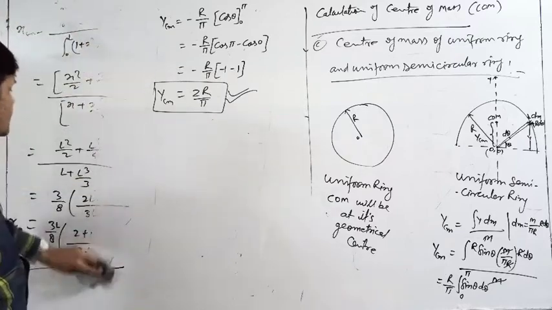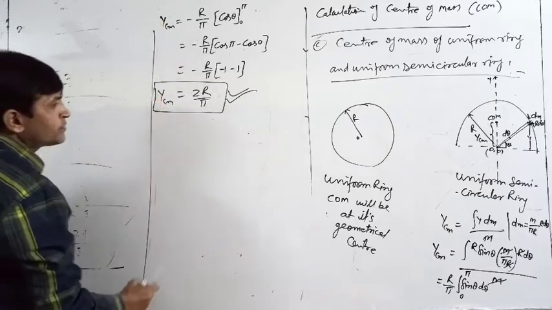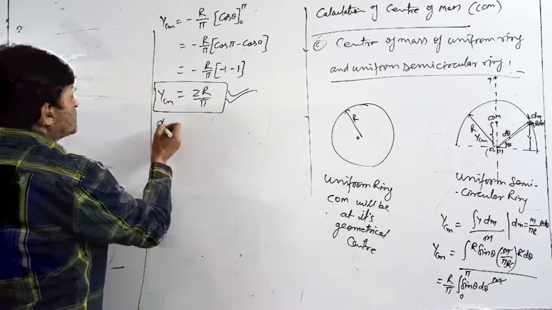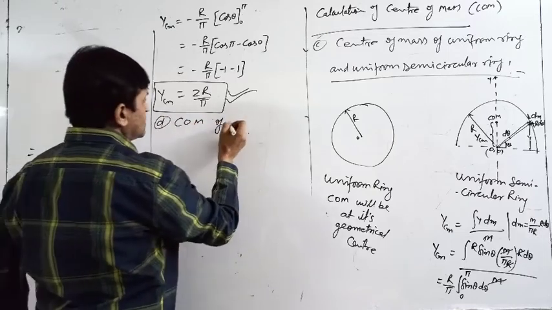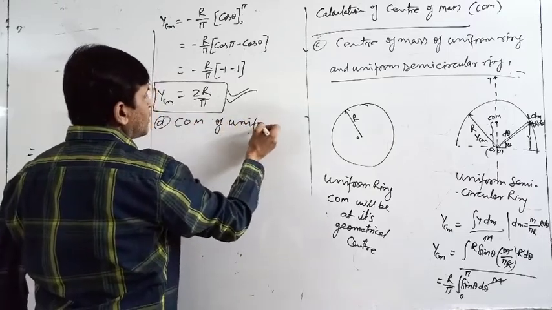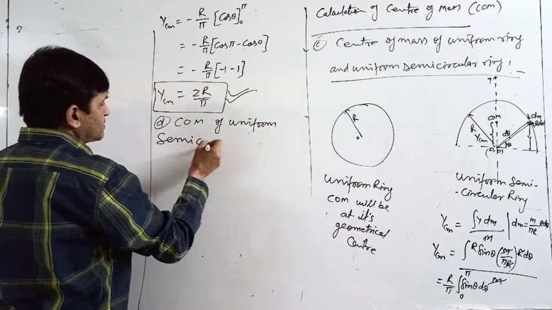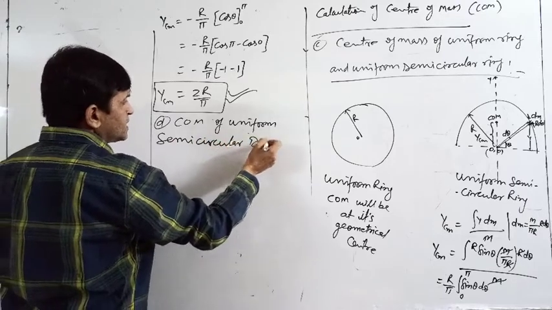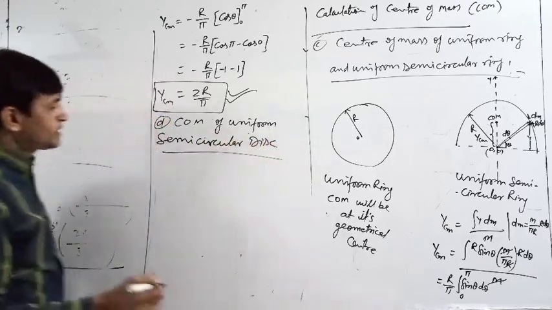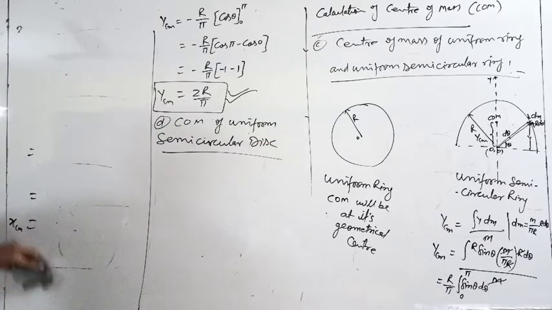See another example. Center of mass of uniform semicircular disc. See, what is the difference between the disc and ring?